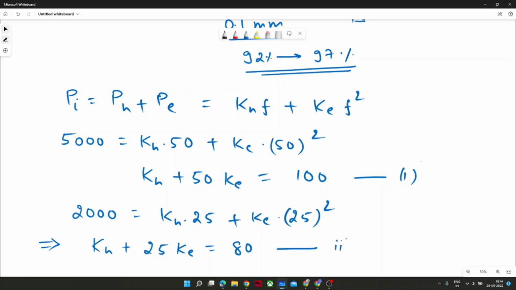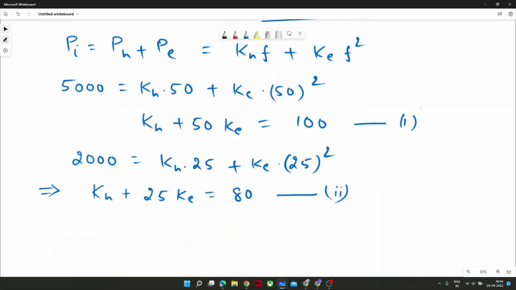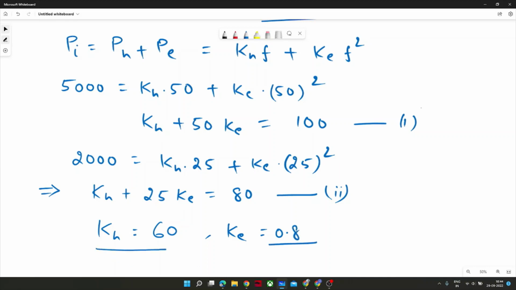It will be your second equation. If you solve these two equations, you will get KH equal to 60 and KE equal to 0.8. You can see the KE factor is small because it is dependent on f square, so KE should be quite less.